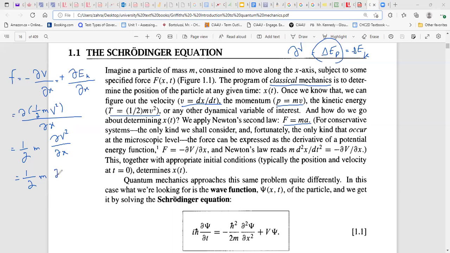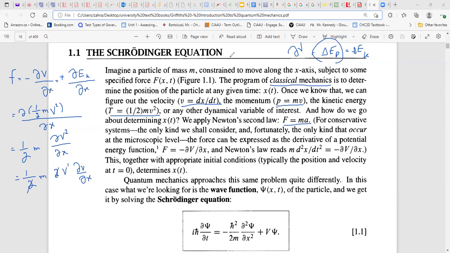So 2v, and the derivative of whatever is under the power, dv/dx. So 2 and 2 cancel.